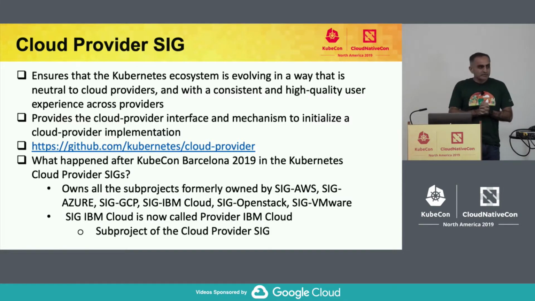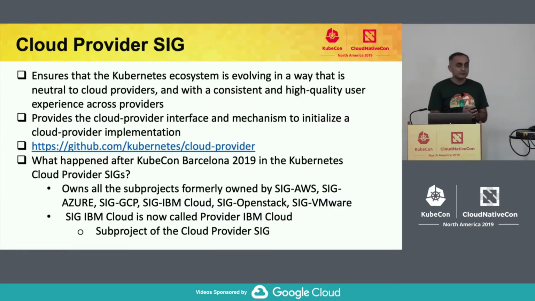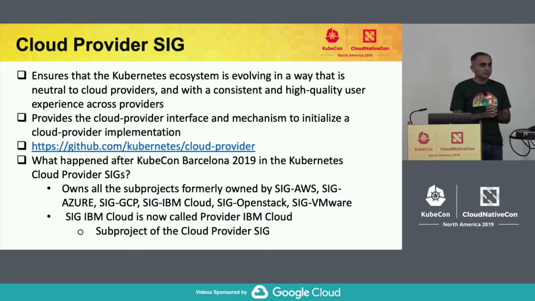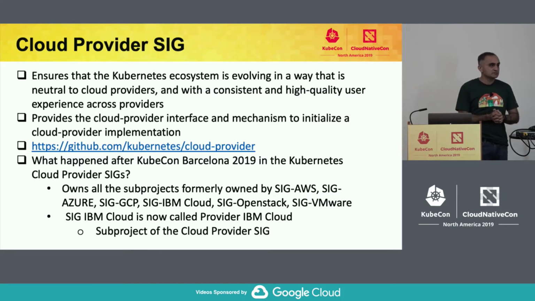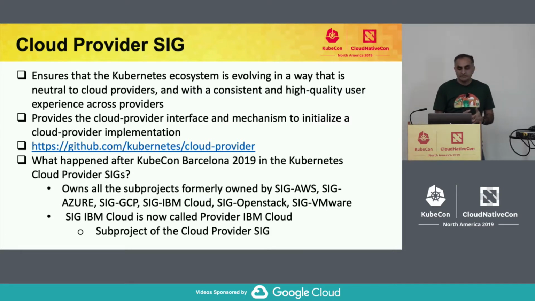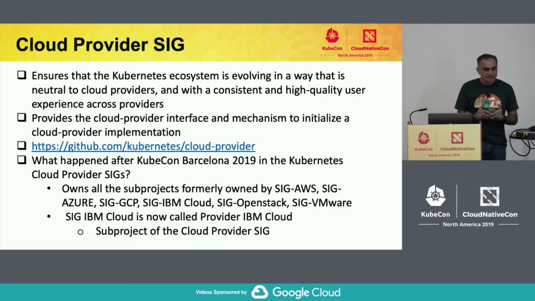So what happened in this area? The Cloud Provider SIG, like I said, was created with a few different purposes. One purpose was to combine different cloud provider SIGs. Until a few months back, we had a special interest group for each cloud provider area. There was a SIG called SIG AWS, a SIG Azure, a SIG GCP, SIG IBM Cloud, SIG OpenStack and SIG VMware.